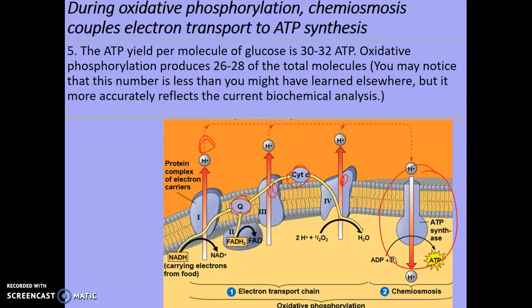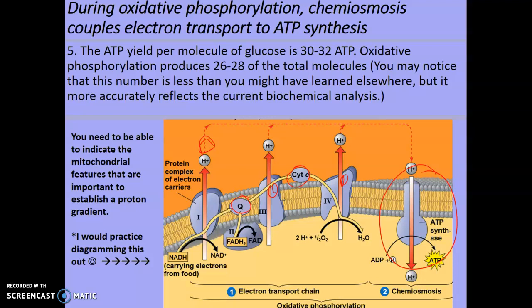The ATP yield per molecule of glucose is 30 to 32 ATP. Oxidative phosphorylation produces 26 to 28 of the total molecules. You may notice that this number is less than you might have learned elsewhere, but it more accurately reflects current biochemical analysis.